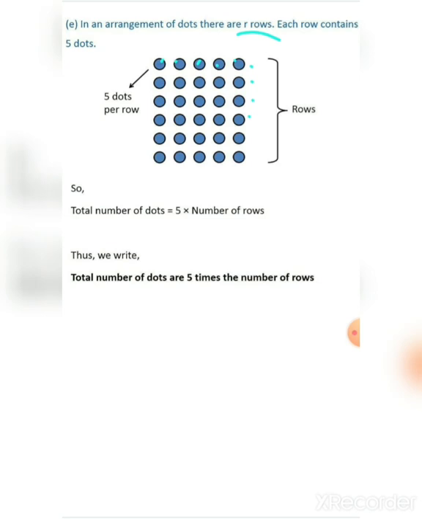So each row contains 5 dots and 6 dots are there in one column. So the total number of dots you have to find: 5 into the number of rows. So you can write: the total number of dots is 5 times the number of rows.